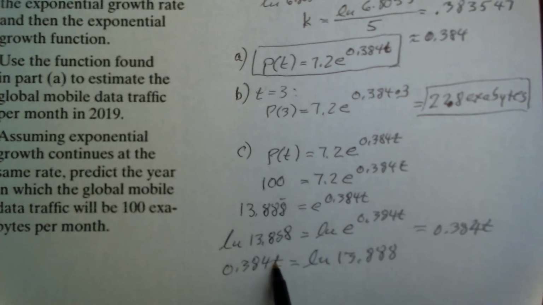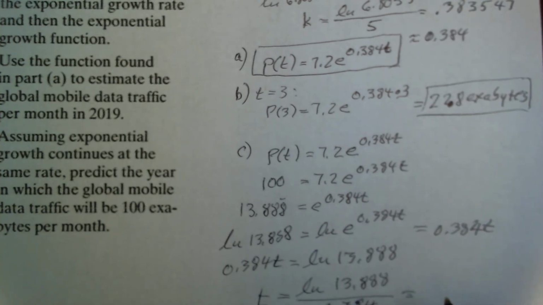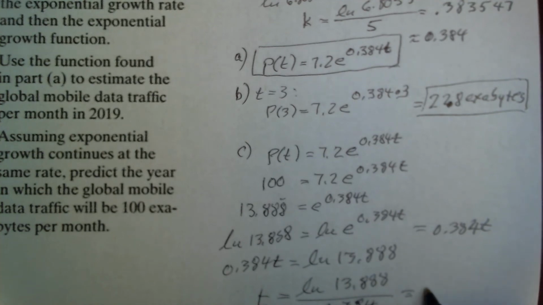And then to isolate t, we divide both sides by 0.384. So t is equal to the natural log of 13.888 divided by 0.384, and that's equal to about 6.85.